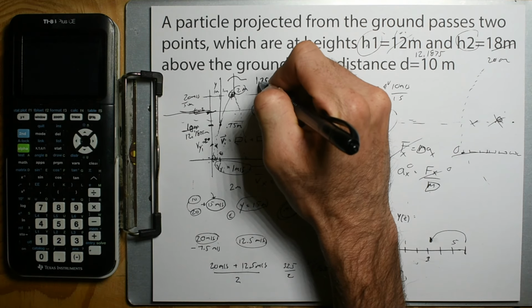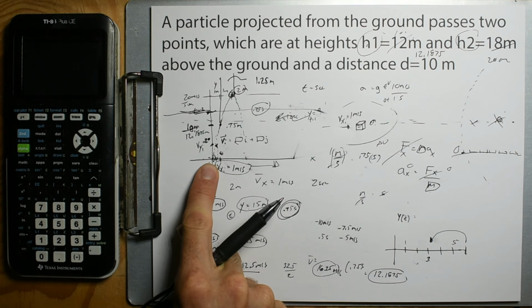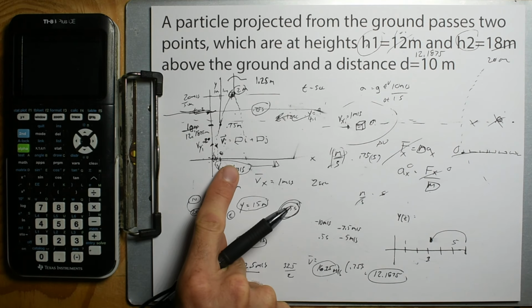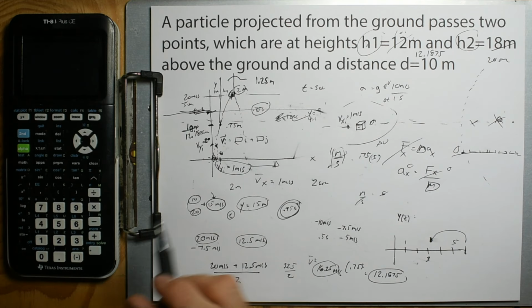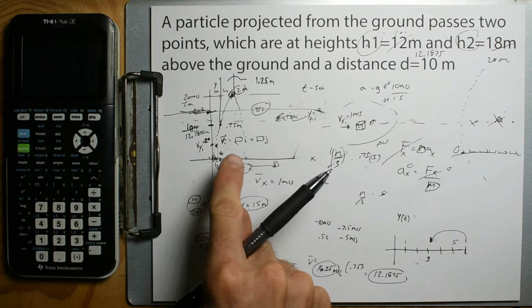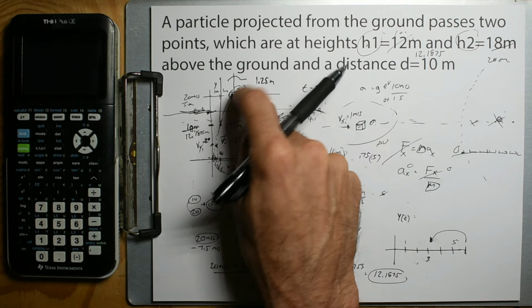So we at least did a simple problem that gave us an initial velocity, some sort of up component and over component. That can give us the angle as well. And then we know that it's going to hit point 1 and 2.